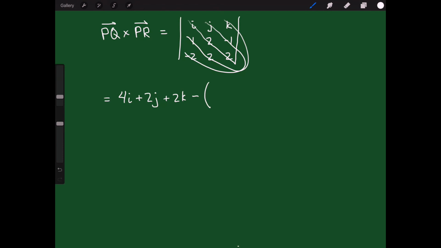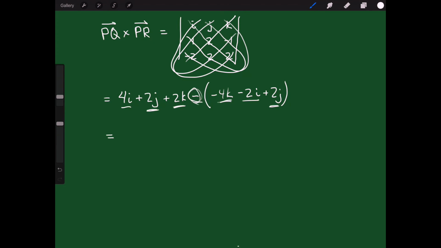Minus, now go the other way, and I get minus 4k. Go this way and I get minus 2i. Go this way and I get 2 times 1 times j, plus 2j. Minus minus 2 is 6 i's. Then I get 2j's minus 2j's, which is 0 j's.